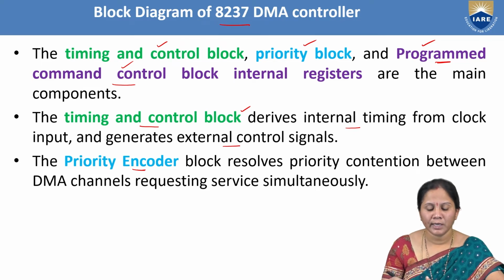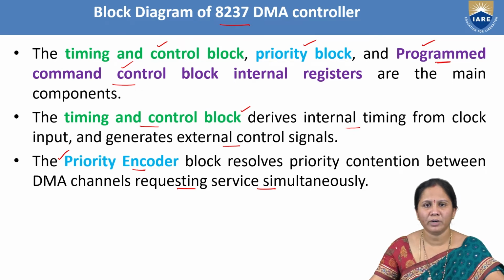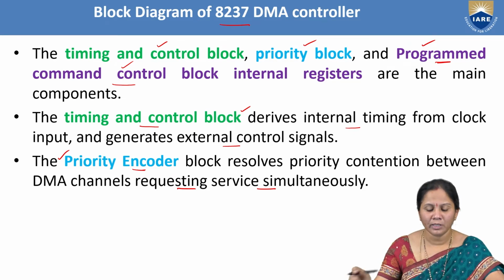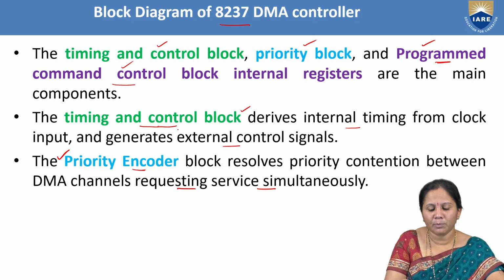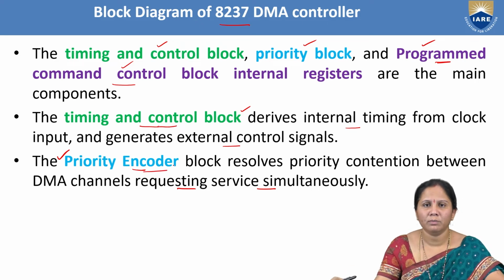In such cases, the priority encoder comes into action and resolves the priority problems, and then selects one of the IO devices for data transfer. That priority may be either fixed priority or rotating priority. Based on the mode of operation, the priority will be resolved by the priority encoder. So this is about the timing and control block and the priority encoder.